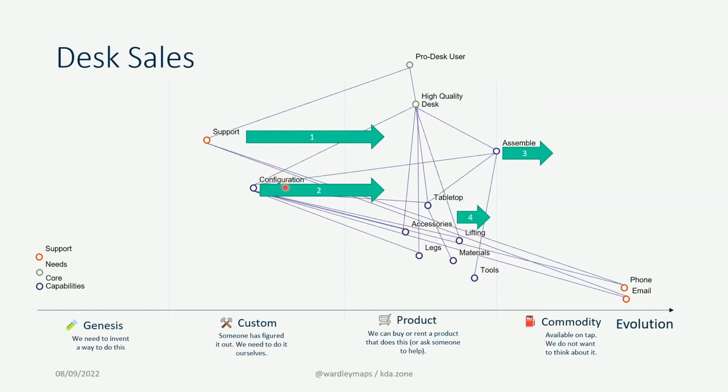Okay, so the whole point about configuration is that it is indeed one of the best options because it sits in the custom space. It is the source of uncertainty in this entire business. If you combine the Wardley mapping approach, this is custom stuff, very specific to the customer and to the person assembling the desk, it changes frequently.